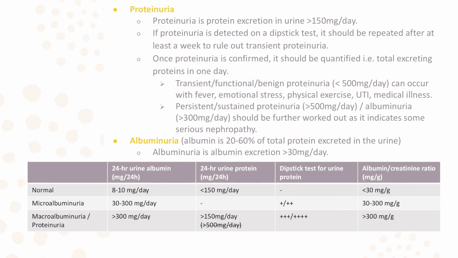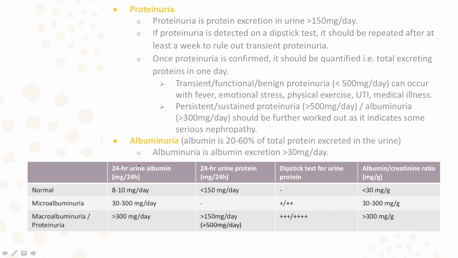The dipstick shows 3 positives or 4 positives based on the levels. For 4 positive it is beyond 1000 mg per day, and for 3 positive it is from 300 to 1000 mg per day, like that. However, the dipstick only tells us about the presence or absence. Positive means presence, 3 positive, 4 positive means strongly present.